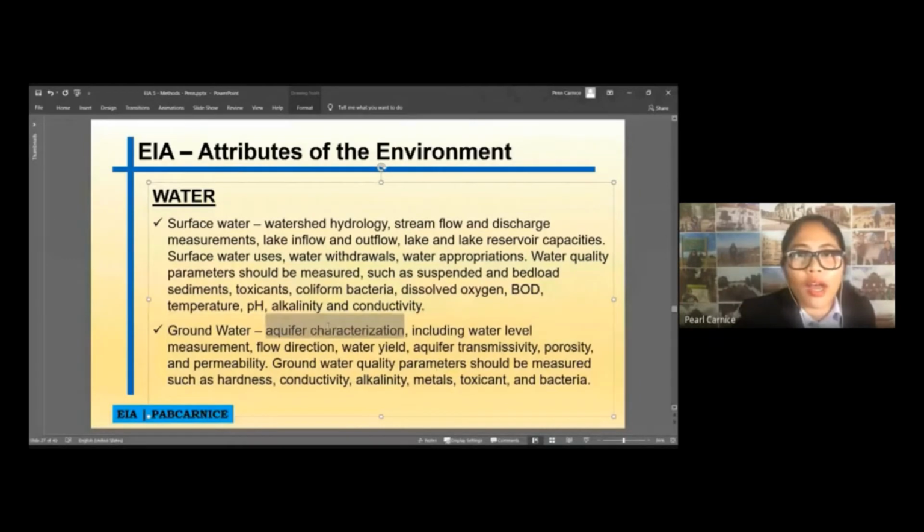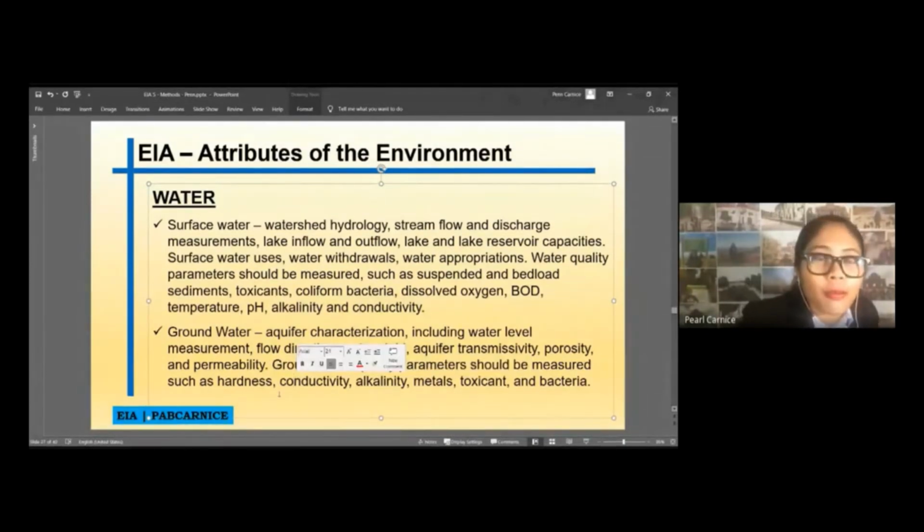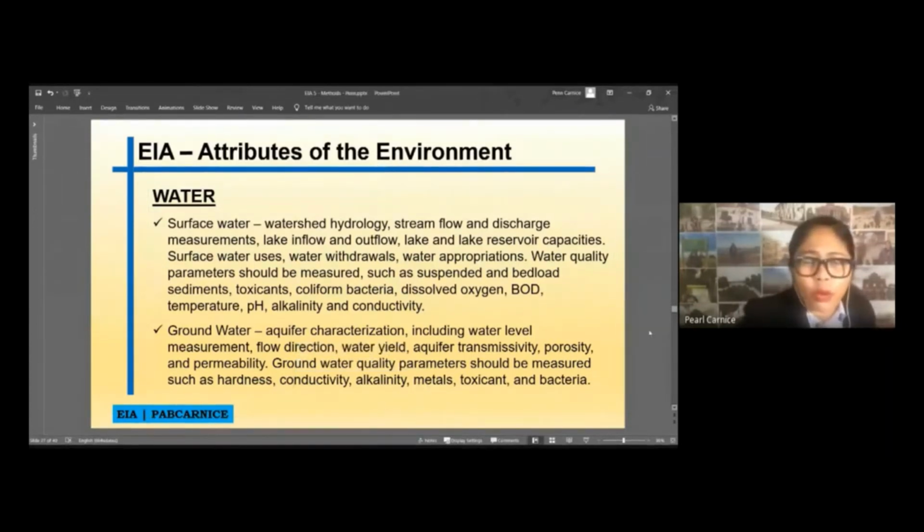So we have to characterize the aquifer, including water level measurement, the flow direction, if the flow direction is being affected by the project, the field water yield, aquifer transmissivity, porosity, and permeability. At the same time, if we want to know the groundwater quality, there are also other parameters that we can do. For example, we can do hardness, conductivity, alkalinity, presence of trace elements, metal trace elements, toxicants, and of course, the bacteria or the microorganisms that are present in our water.